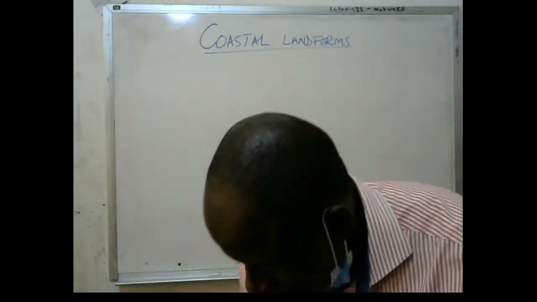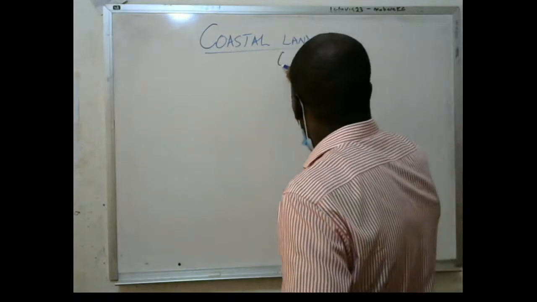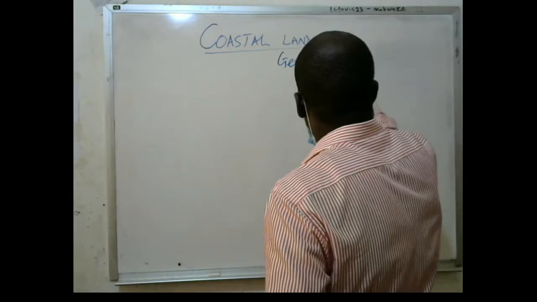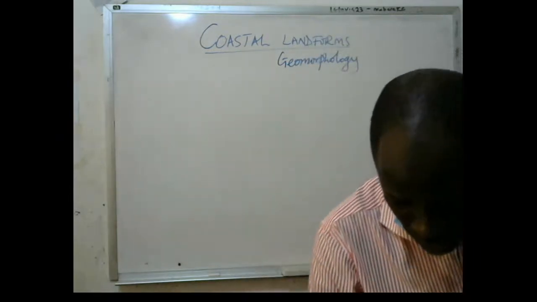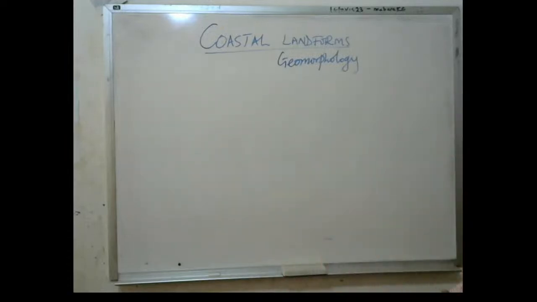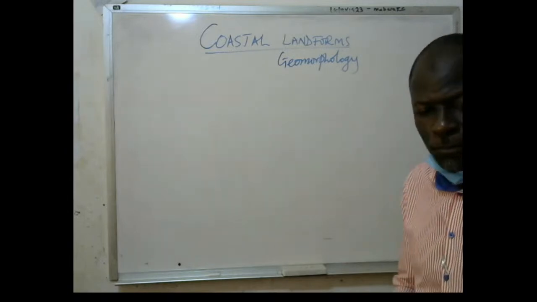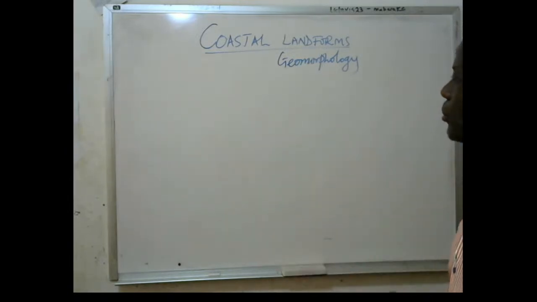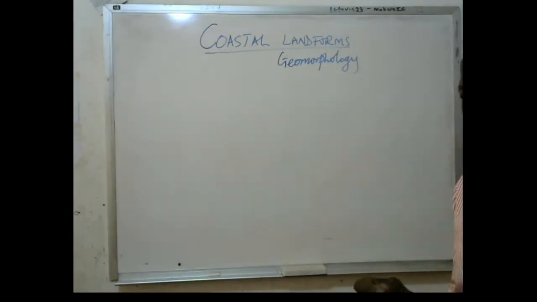Coastal landforms, or you can also call it coastal geomorphology. Know that geomorphology is the study of the processes that lead to formation of landforms. So when we say coastal geomorphology, we are referring to the processes that lead to formation of landforms along the coast.